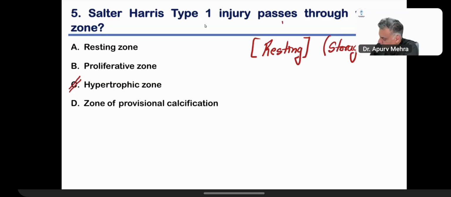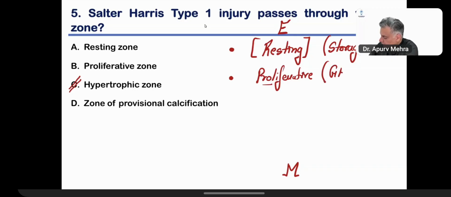This is the joint, the epiphyseal area. We are talking about zones of the physis. At the end is the metaphyseal area. Then you have the zone of proliferation. Here growth hormone can affect, like Laron syndrome.